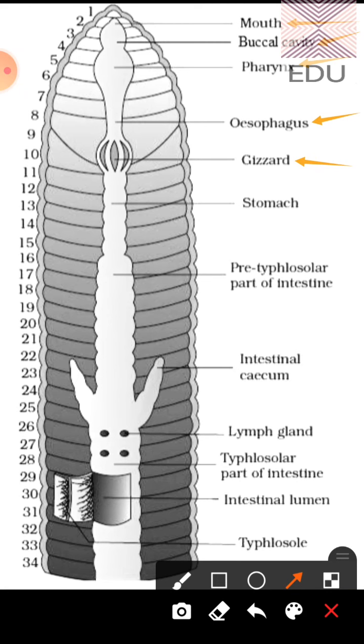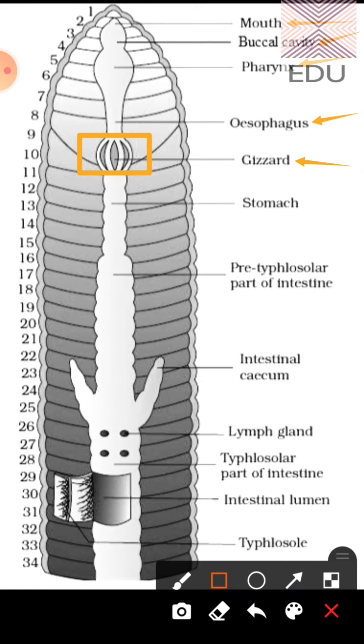Now this gizzard is a muscular oval sac. Here you can very well see that the gizzard is a muscular organ which is present in segments number 8 and 9. Now this gizzard is responsible for the crushing of the food.